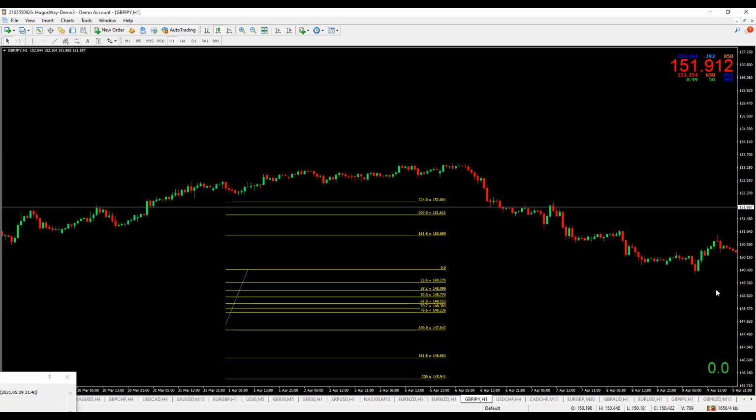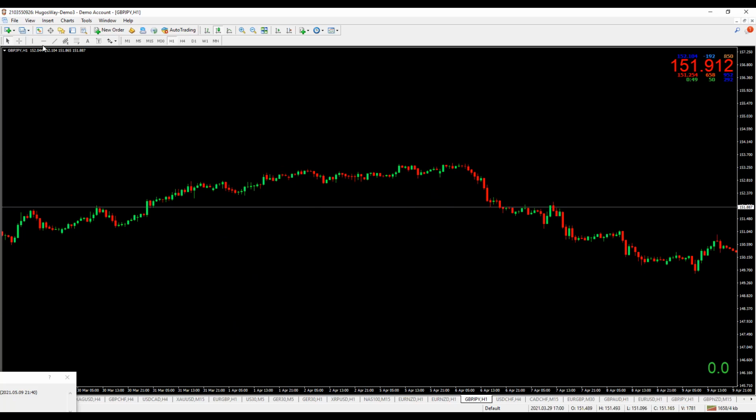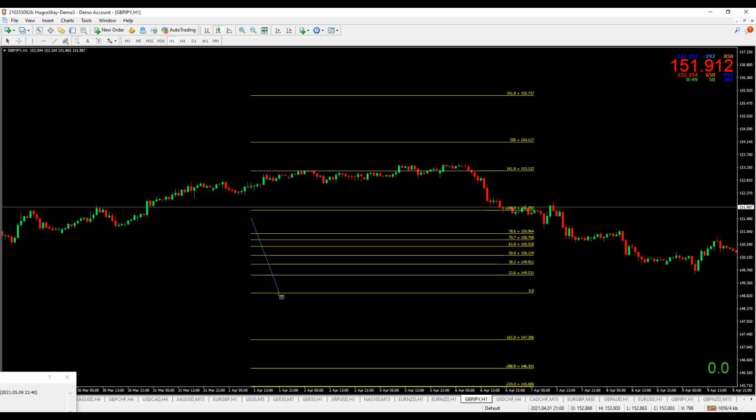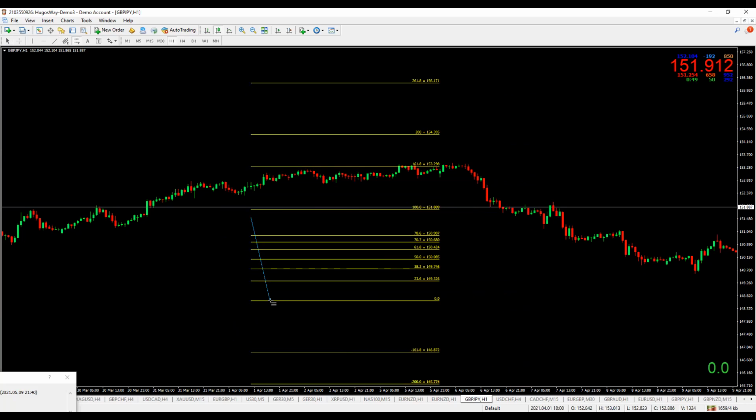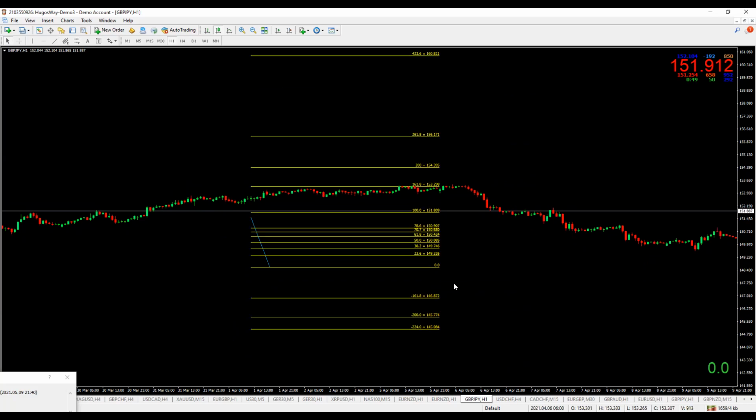Now, like I said, this was a bullish move we're expecting here. That's why we drew it from the bottom, from the low to the high. So the minuses are at the top. We are now going to do it the other way around, whereby we are drawing it from the high to the low. And we can see here that the minuses are on the other side.